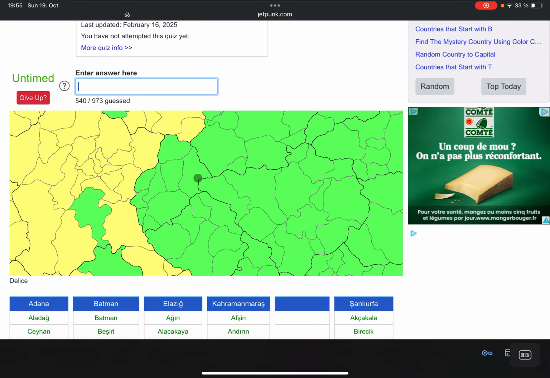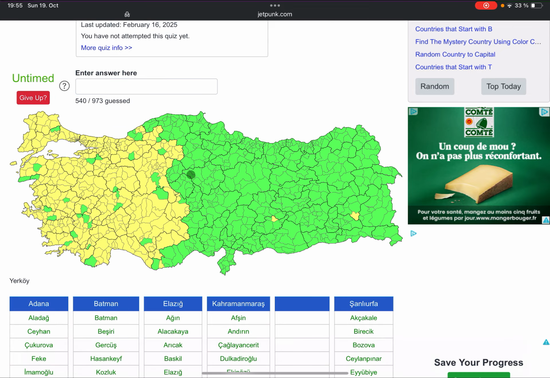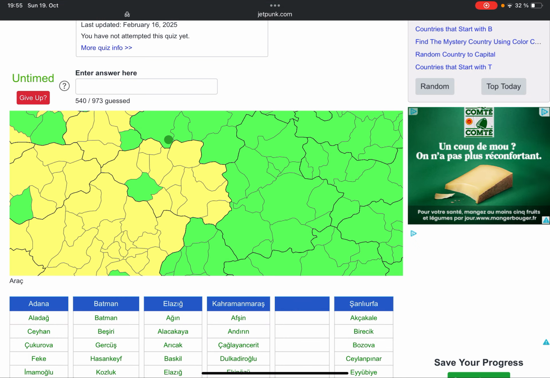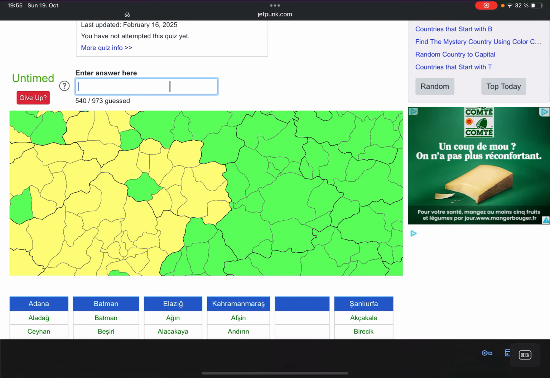If I'm not mistaken, by the way, Delice, I think, is also one of the bigger rivers in Turkey, such as the longest river in Turkey, actually, Kızılırmak, which also has the same name as this district, in the province of Çankırı.